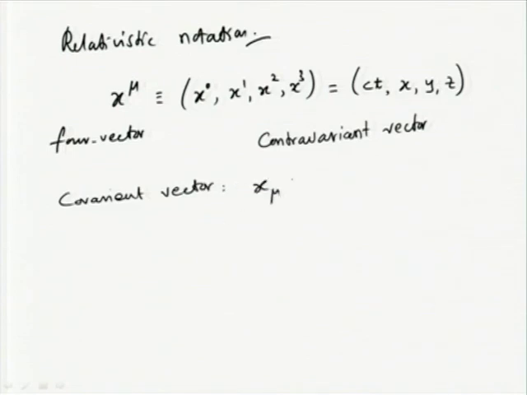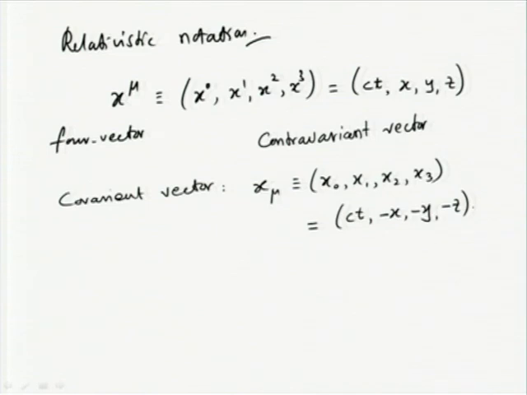x mu, and I can write it as x 0, x 1, x 2, x 3. Conventionally, we will take this as c t, same as x with upper index 0 or superscript 0, but the spatial coordinates change sign. So, x 1 with a subscript 1 is minus x.